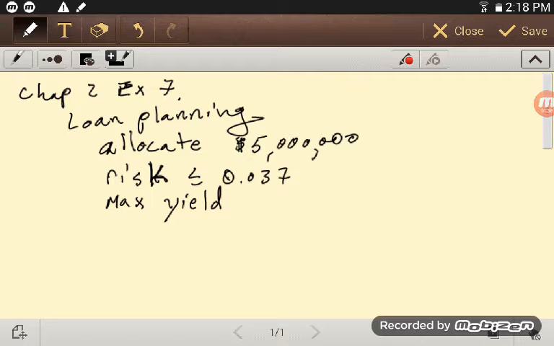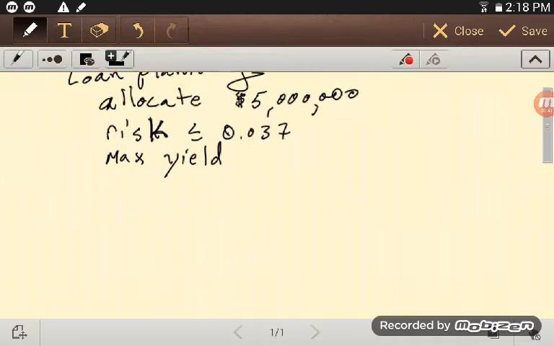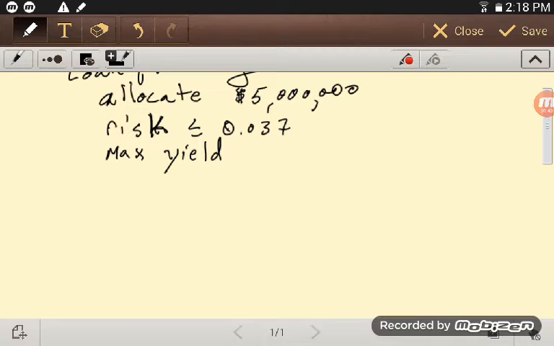Okay, so I need to turn the page here to get to the loans. So now the loans, I'm just going to actually call them X1, X2, X3, and X4. My variables will be X1, X2, X3, X4, the number of dollars, right?